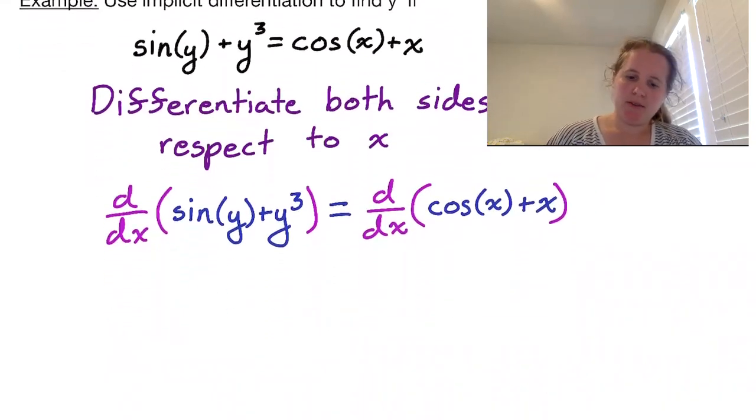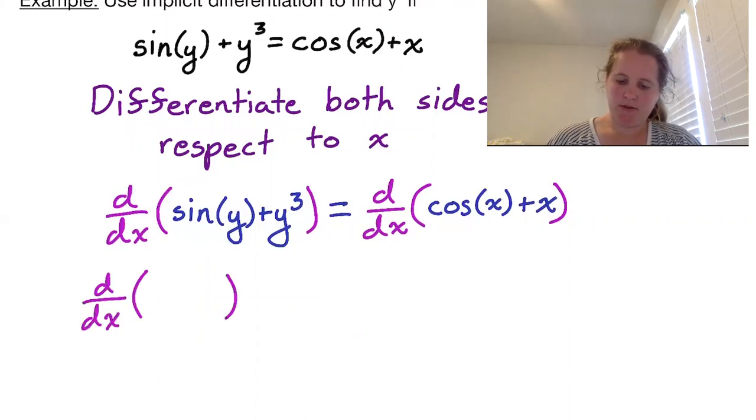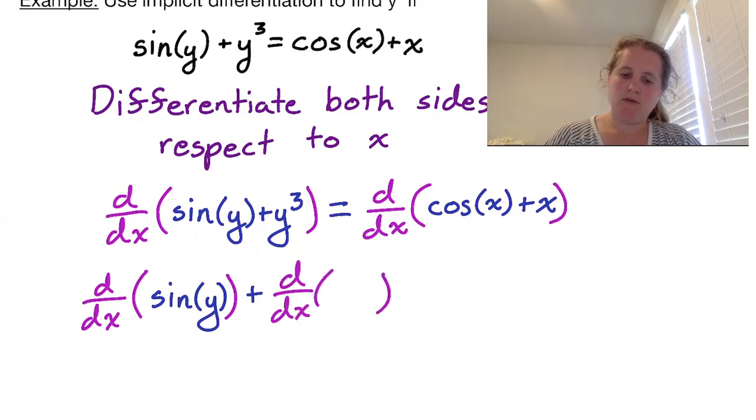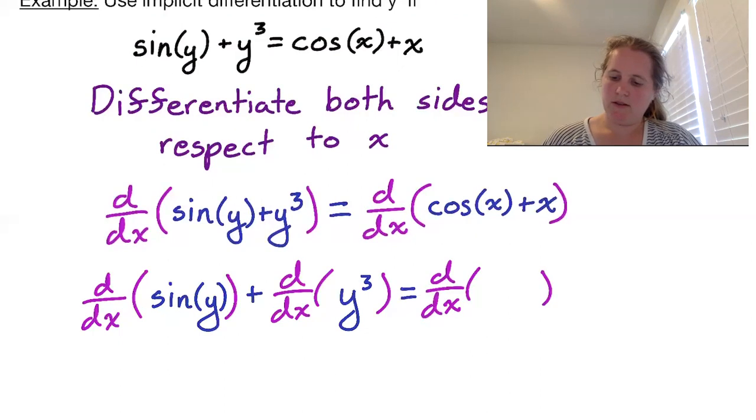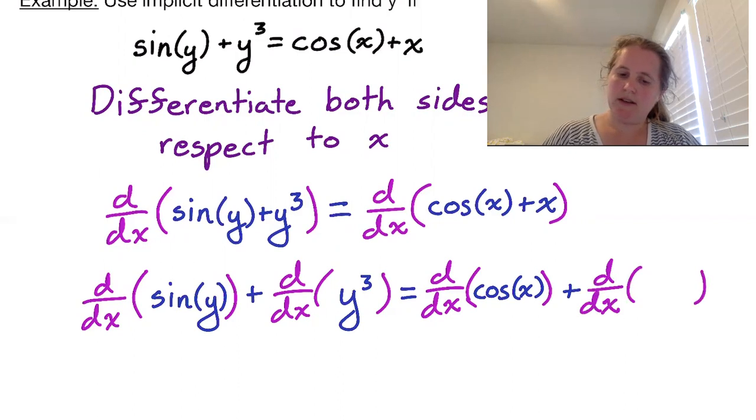From this, we can split each of these, so this becomes the derivative with respect to x of sine of y plus the derivative with respect to x of y cubed equals the derivative with respect to x of cosine x plus the derivative with respect to x of x.